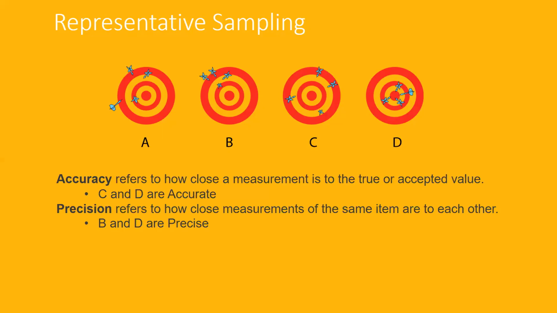If you were to sample a population 1, 2, 3, 4, 5 times, how close together would those be? If you have a sample that is an accurate and precise reflection of the real population, then your sample statistics are going to be good measurements of your population parameters.